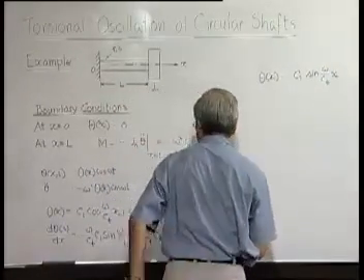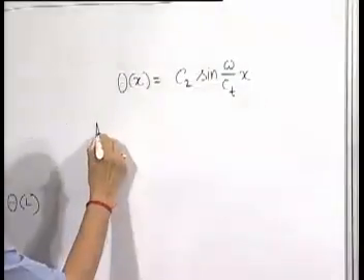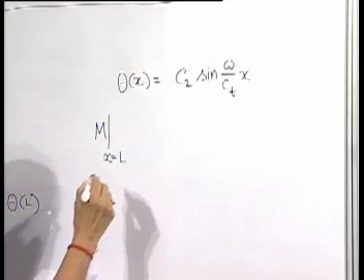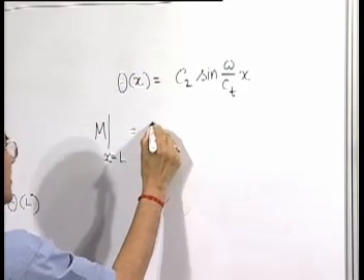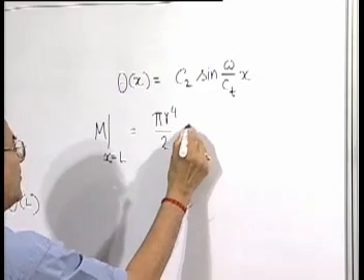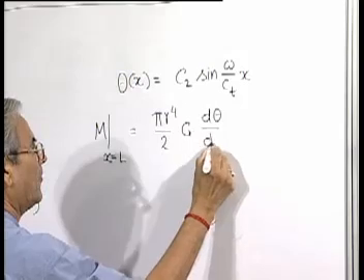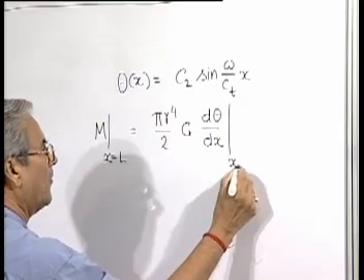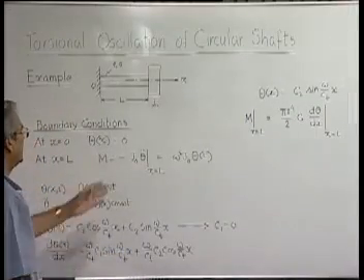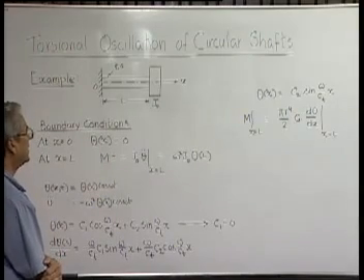How do you find out moment? Moment we find out, magnitude of moment at x equal to L will be equal to, we have already seen the expression for moment which was pi r to the power 4 by 2 G d theta dx.